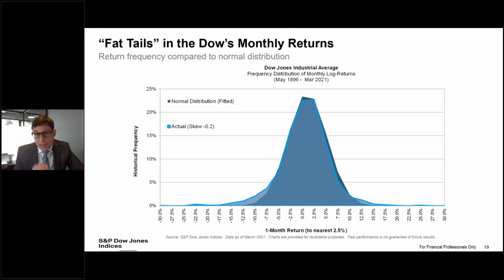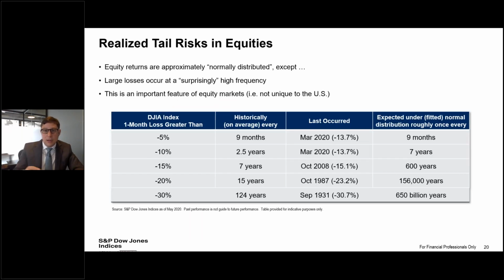And in fact, when it comes to US equities, impossible things happen all the time, and I just want to illustrate that with a few statistics, again based on the Dow's history. So if you take that fitted normal distribution and say, under the bell curve, how often would I expect a loss of 5%, 10%, 15%, 20%, and so on? A loss of 5%, you'd expect roughly every 9 months under a normal distribution.